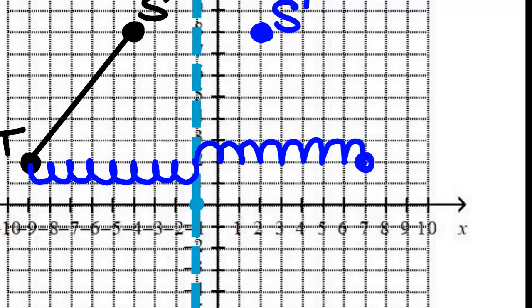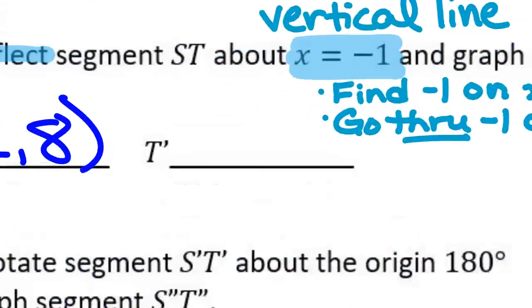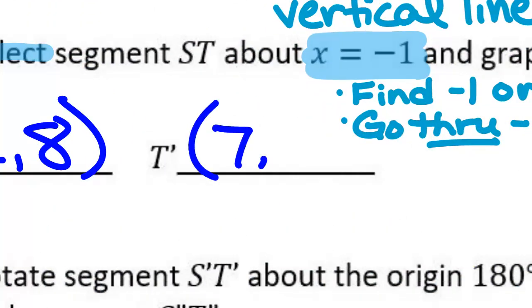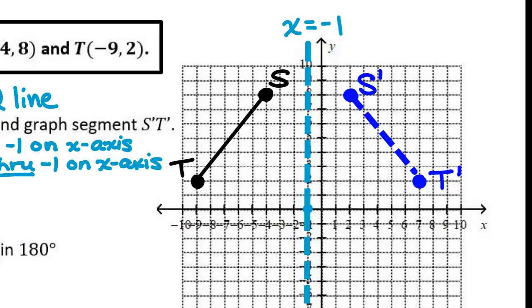Right here. So there's my point T prime. At 7, 2, yes. And then I sketch in that line segment to get my reflected line segment.